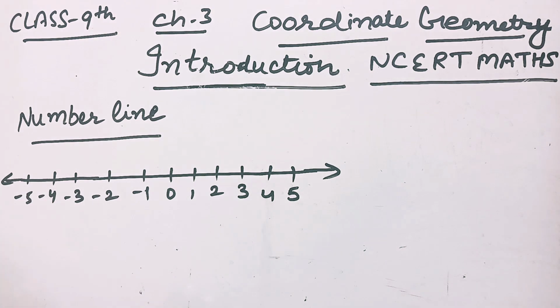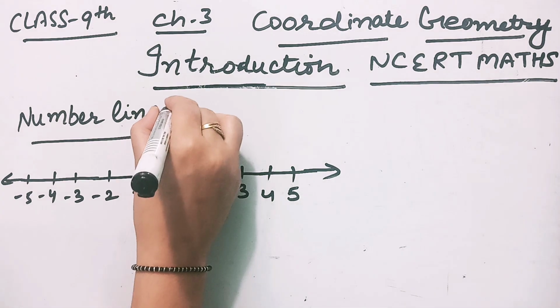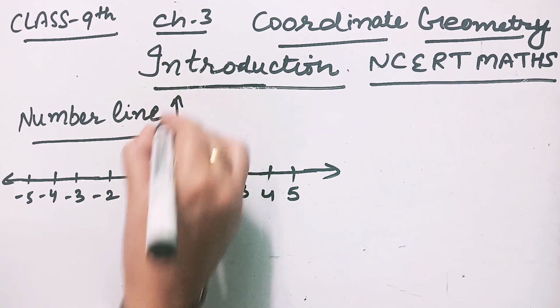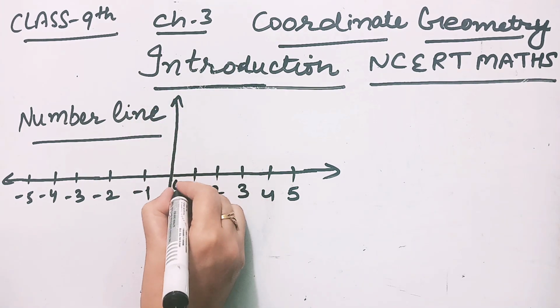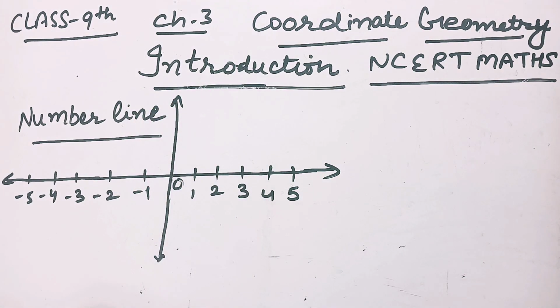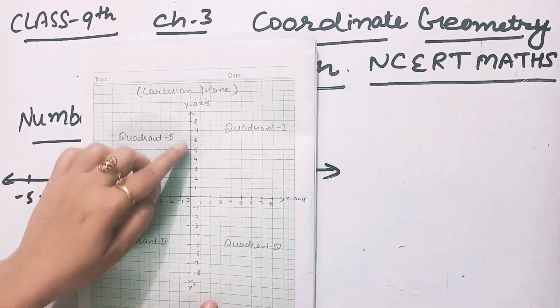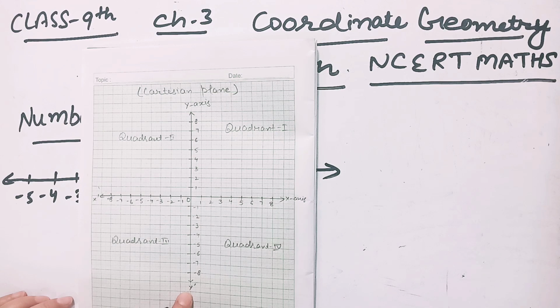But now we will learn in this chapter perpendicular lines in this way. These perpendicular lines intersect at the origin. See in the graph how these lines are perpendicular to each other.